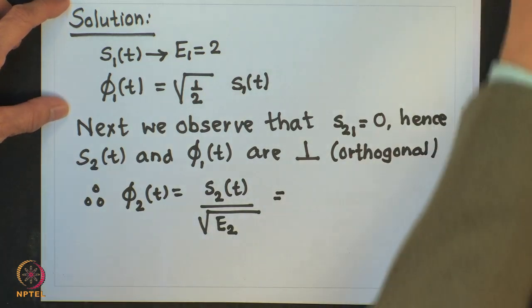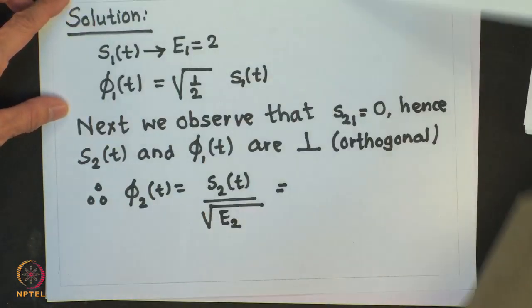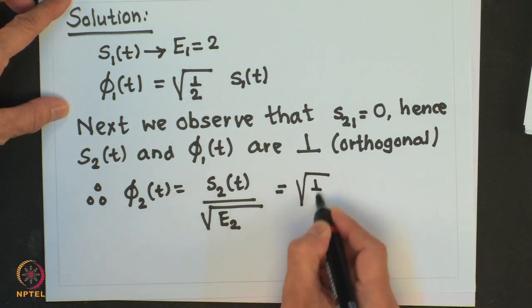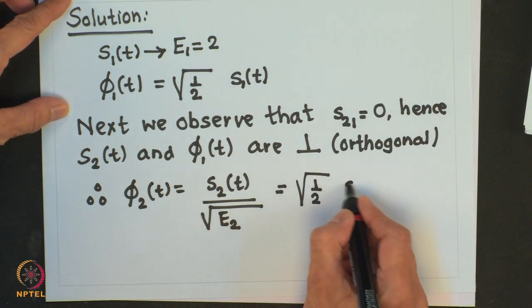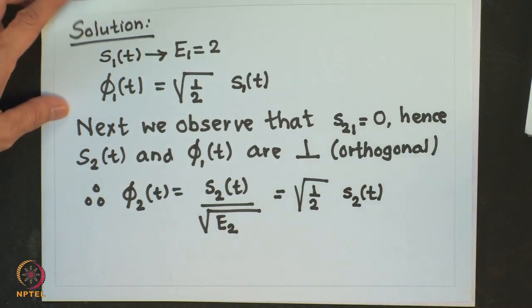And in this case, the energy in the signal s2(t) is equal to 2. So, phi 2(t) is root of 1 by 2 times s2(t).